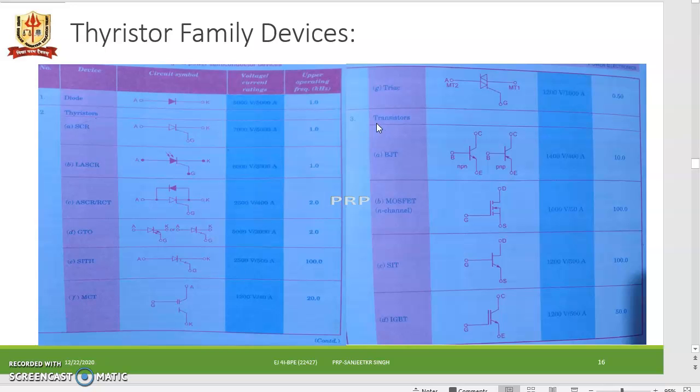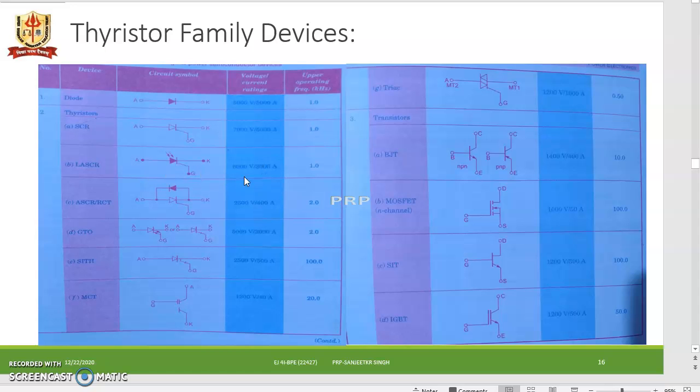Then thirdly, we have the transistors with the BJT, MOSFET, SIT and IGBT. So the thyristor we can see here is rated as 7000 volt and 5000 ampere of current with the operating frequency 1 kilohertz.